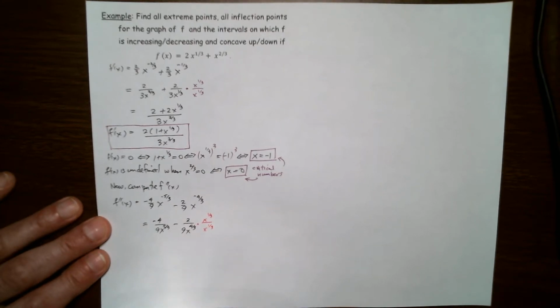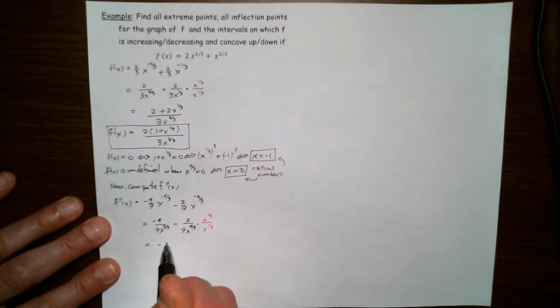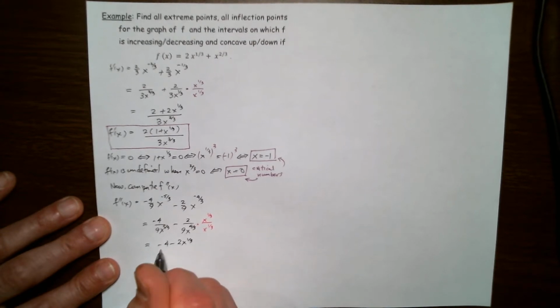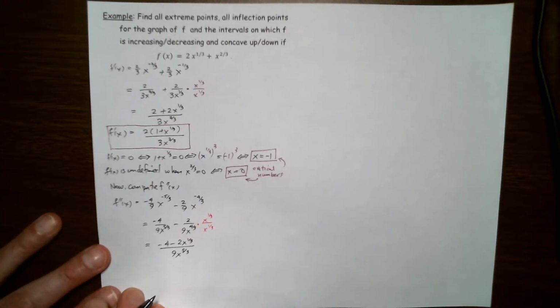And so now we could rewrite our formula as minus 4 minus 2x to the 1/3, all divided by 9x to the power 5/3. And again, in the numerator, there's a common factor of minus 2.